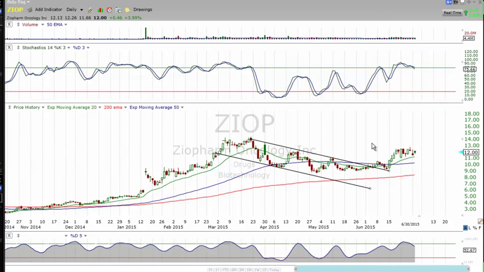I don't know the story behind it, but it appears to be consolidating. If it was a quality name and you knew it was a company with stable financials, the chart looks very positive. But if this is a momentum type of trade based off of one drug, and people are speculating on it and everything's living on one thing, it's hard to know what the underlying story is.